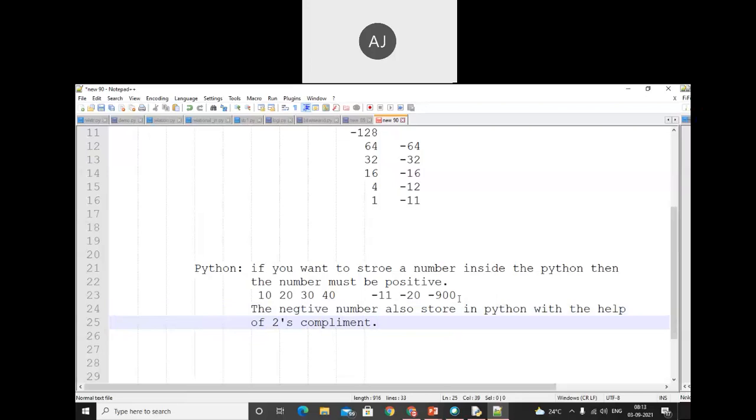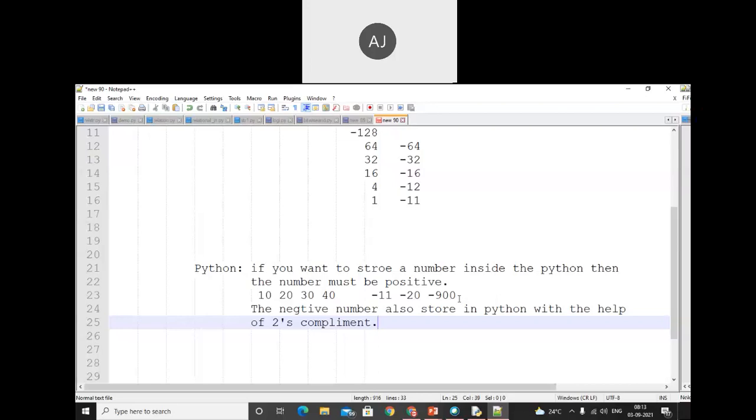The negative number will be converted into 2's complement. That means we get a positive number and that number will be stored inside Python. This is the way by which you can store the number.